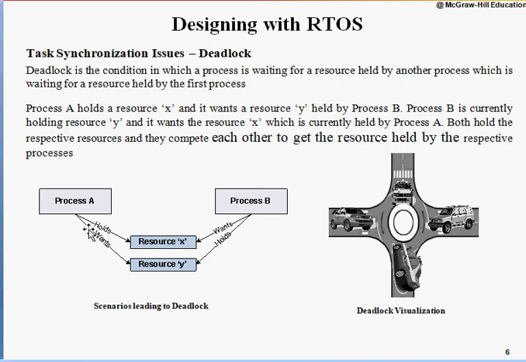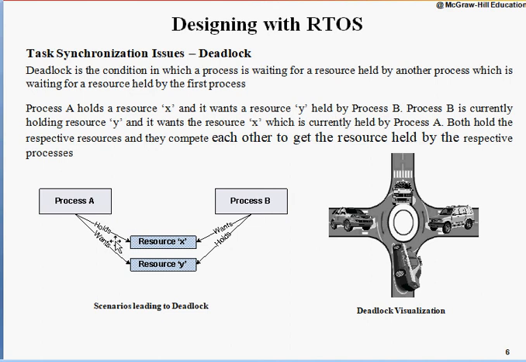Because, as addressed for eliminating task synchronization issues, you have to ensure that if one process is holding one resource, then unless and until it voluntarily releases that resource, some other process cannot use it concurrently. When someone is using one resource, another process cannot use it.